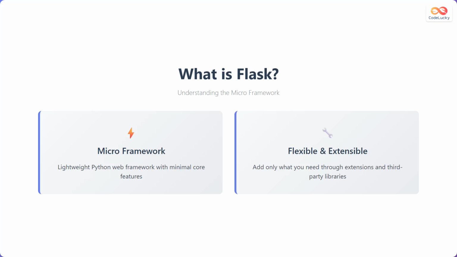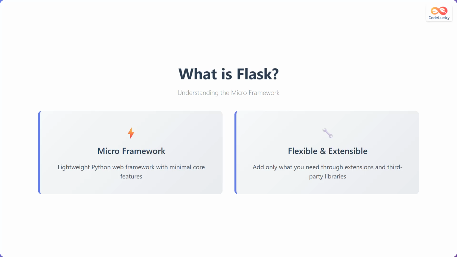Flask is a micro web framework written in Python, designed with simplicity and flexibility at its core. Unlike full-stack frameworks, Flask provides only the essential components needed to build web applications, making it incredibly lightweight and fast. The term micro doesn't mean Flask lacks functionality, but rather that it keeps the core simple while remaining extensible.